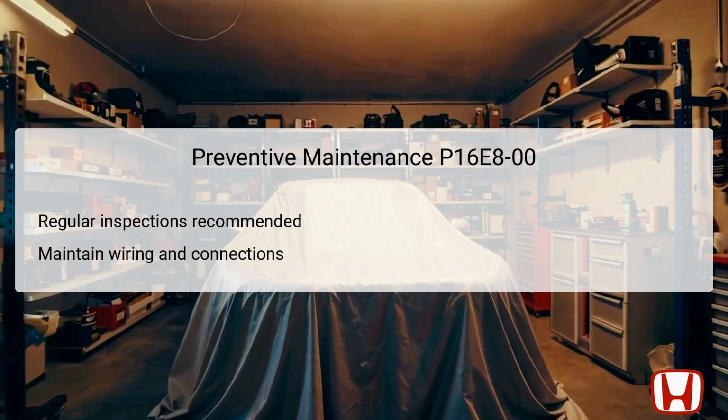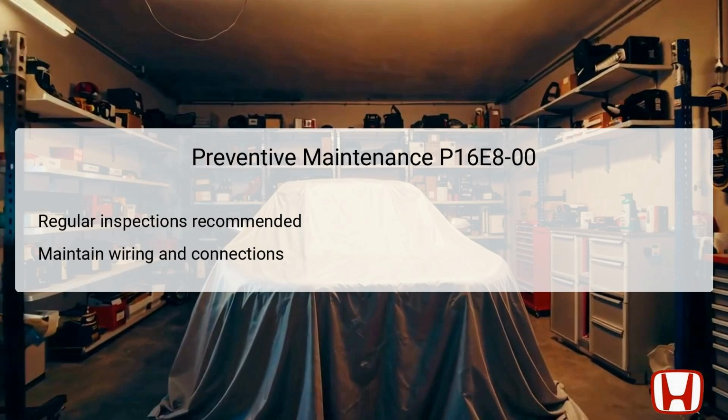Preventive maintenance is essential in avoiding issues like the P16E8-00 error code in the future. Regular inspections of the wiring and connectors associated with the LIN communication system can preemptively identify problems before they escalate. Technicians should also look for signs of wear or damage in the shutter grille and related components during routine maintenance.